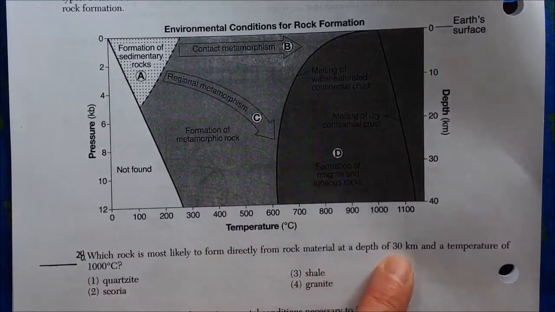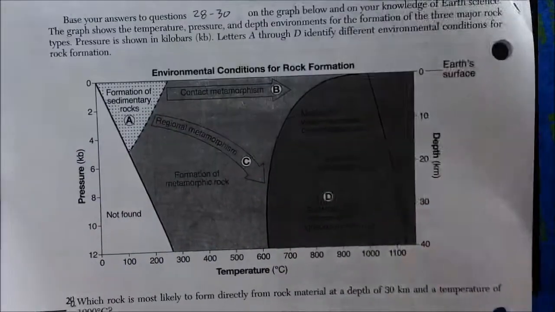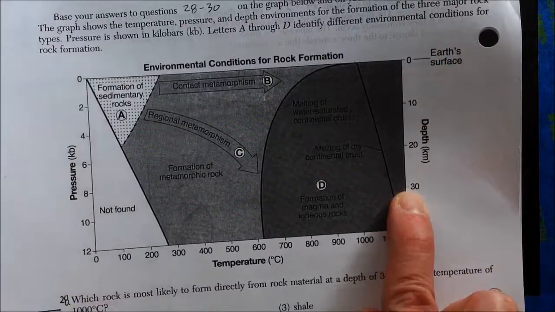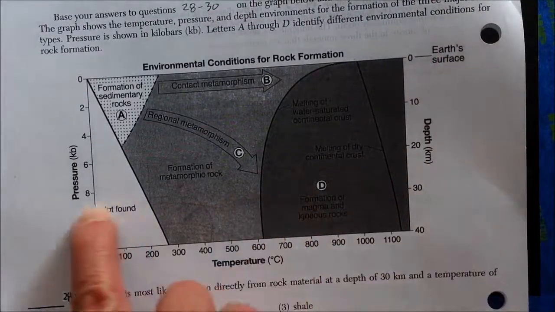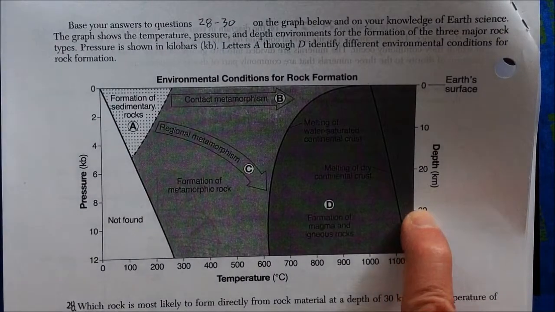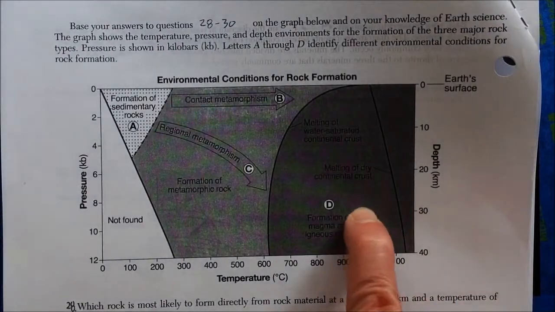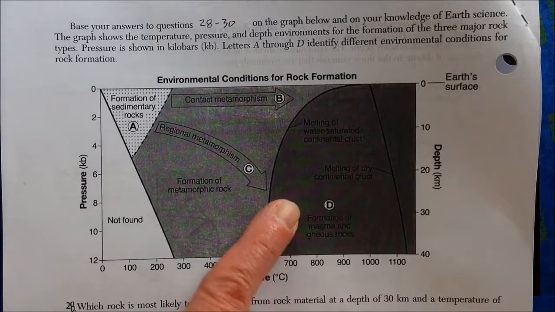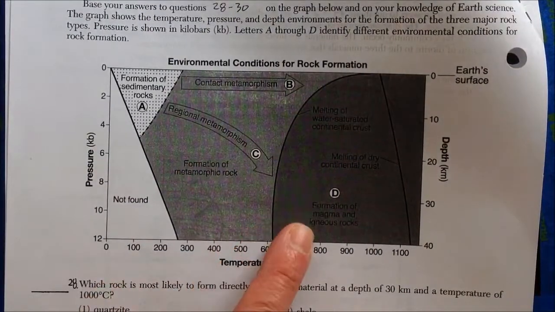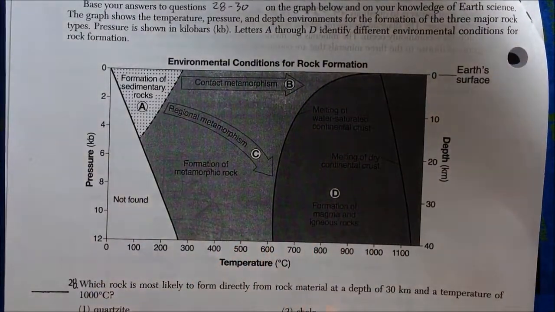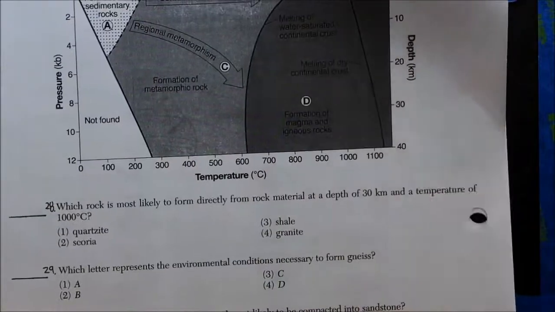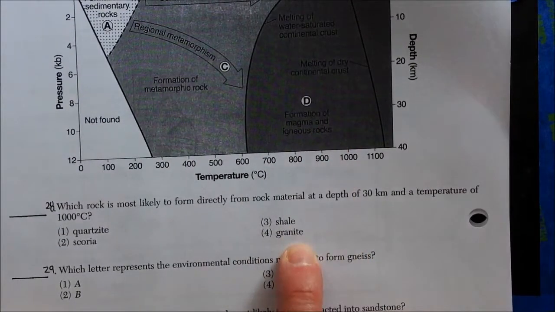So we have a depth of 30 kilometers. So the depth is over here, pressure's here. That makes it a little challenging. So it's somewhere here. And then what kind of temperature are we talking? 1,000 C. So 30 kilometers and 1,000 C is right about there, okay? So it says formation of magma and igneous rocks. Great, not a choice. You have to pick one of these. That is this igneous rock.